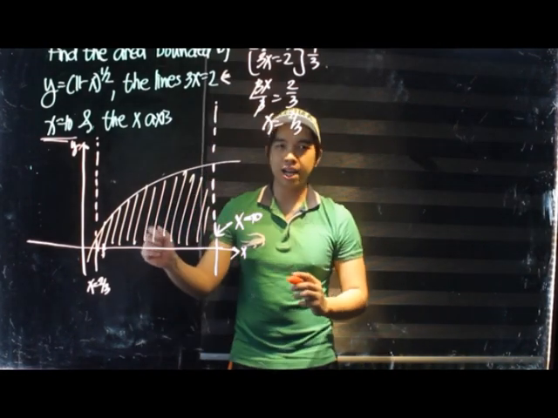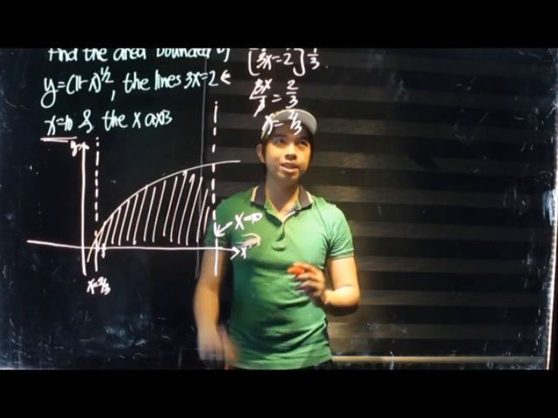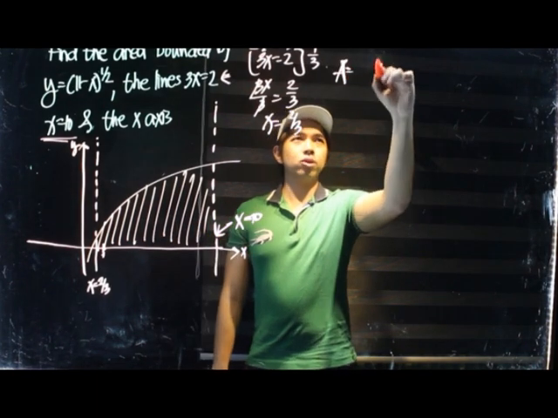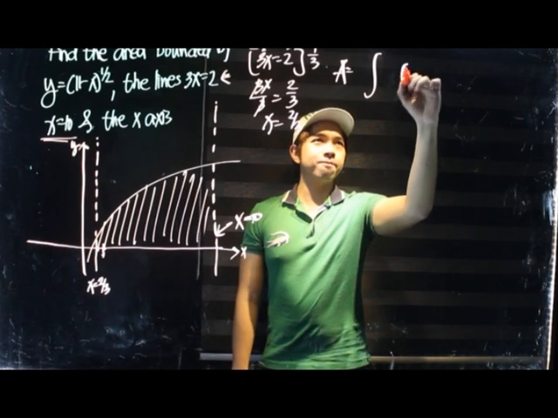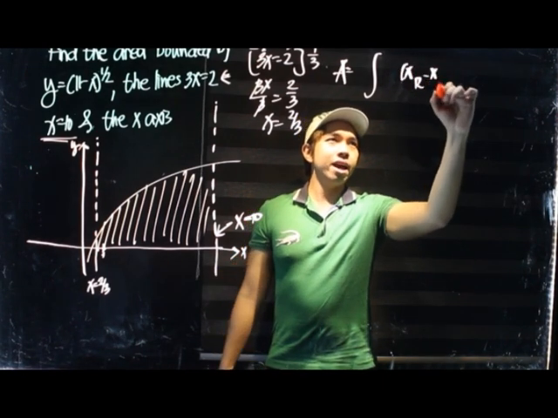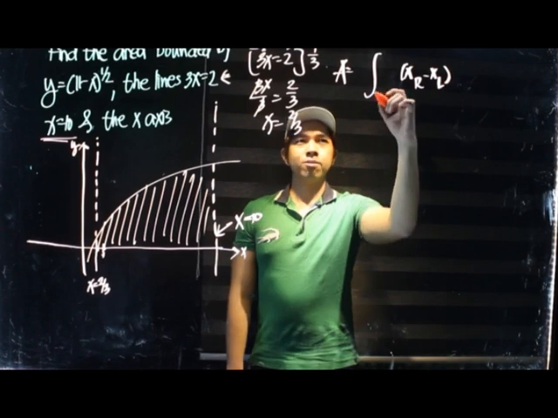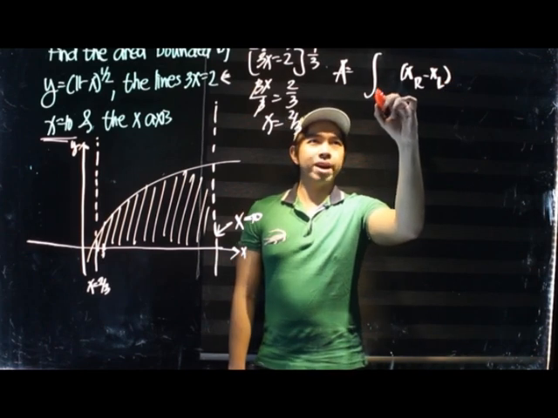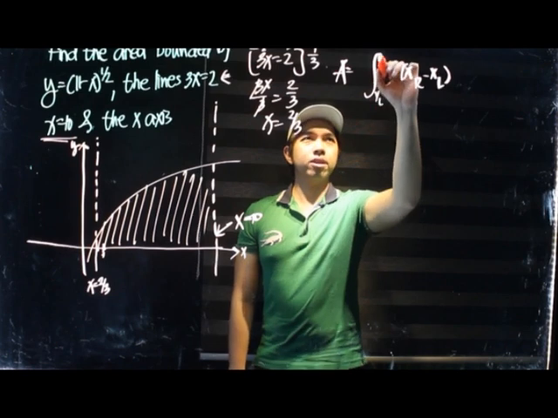If we're going to use a horizontal element rather, the area would then be equal to the integral of x right minus x left, bounded by the lower y and then y upper.